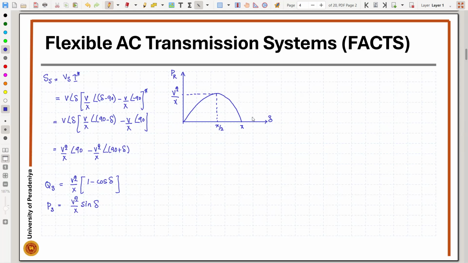So now, as a solution for the problems that we have discussed earlier, we need to provide solutions. So we have two solutions to improve the power transfer capability in a line.